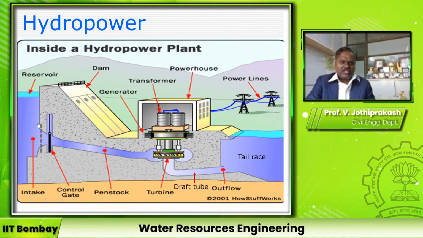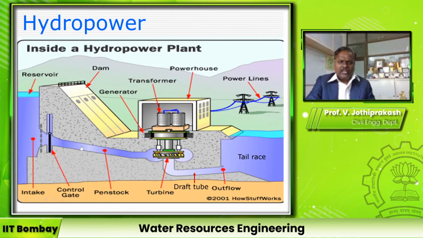And the structure which is specially constructed to take the water from the reservoir is called the intake structure. The water which enters this hydroelectric intake structure can be controlled by a gate. Once the gate is opened, the water will flow through this large size pipe called the penstock.